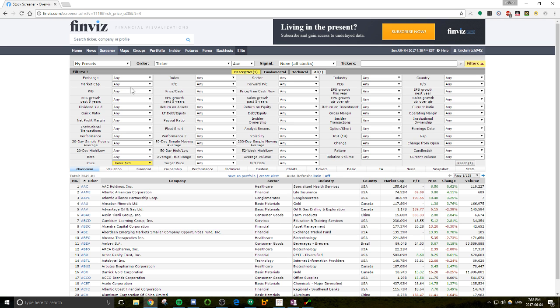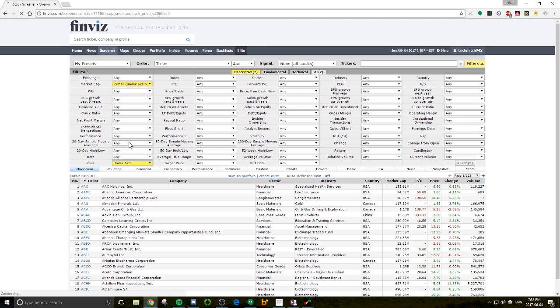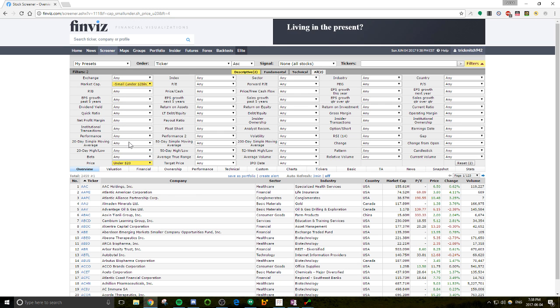So you can go into market cap, and then you want to find the small, and that's under 2 billion. Now, you can adjust this accordingly, okay? Don't feel like you only need to play market cap of under 2 billion, like small caps. This is just helping us whittle down, because there's thousands and thousands of tickers out there, right?